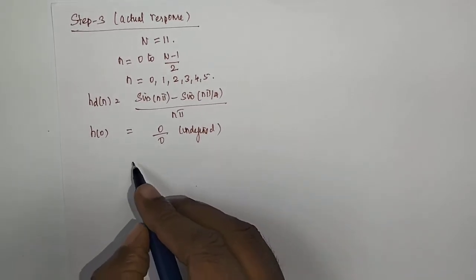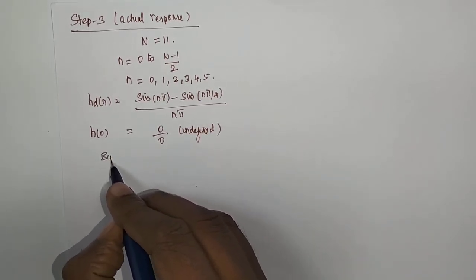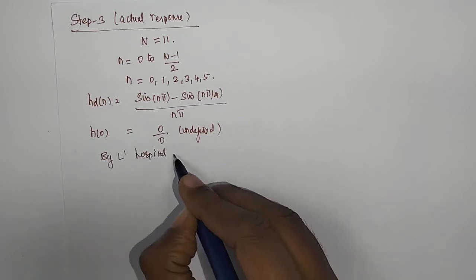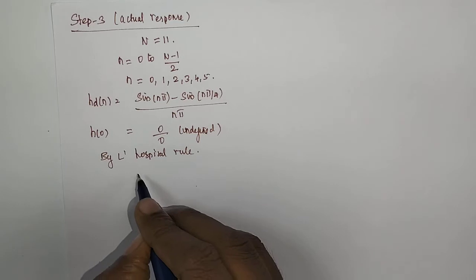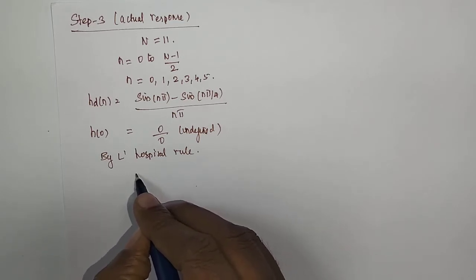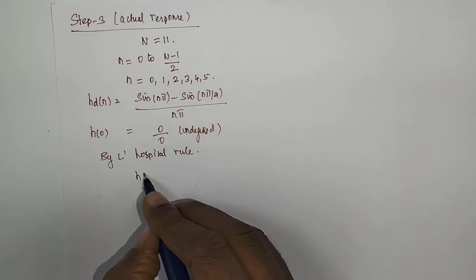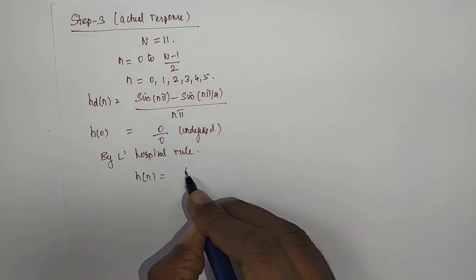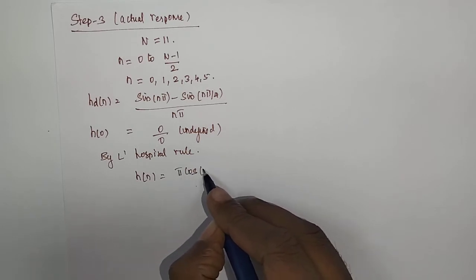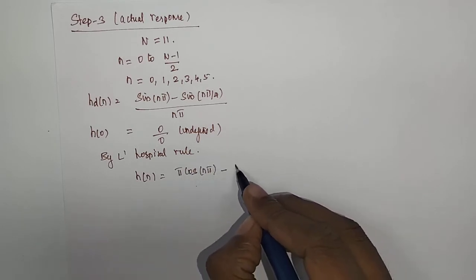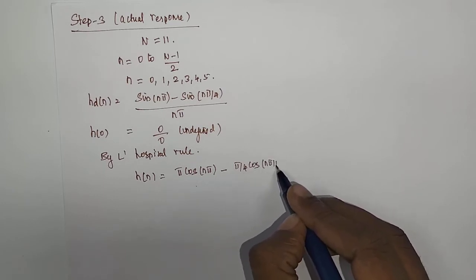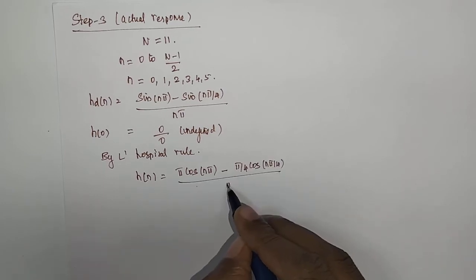So I am going for the L'Hospital rule. That is, differentiate numerator and denominator separately, so that my relation will come as h of n is equal to, differentiate with respect to n, pi into cos n pi minus pi by 4 into cos n pi by 4 divided by pi.